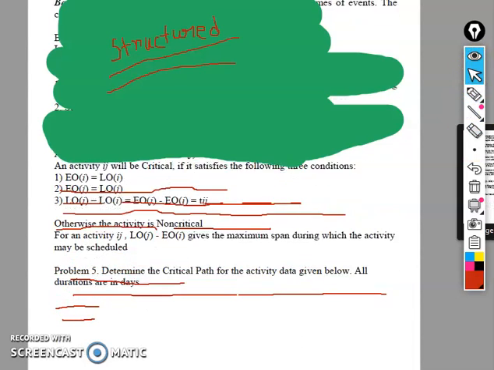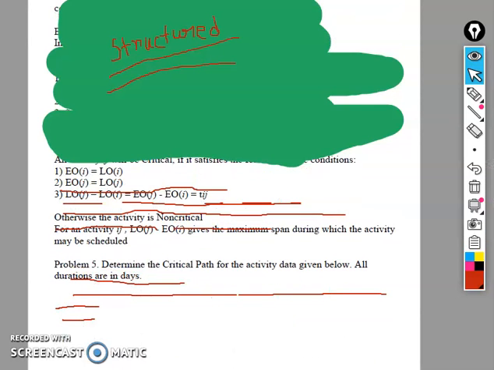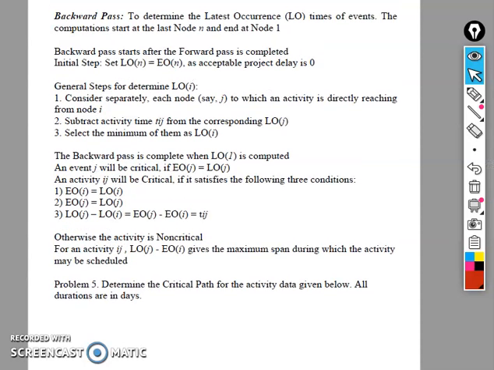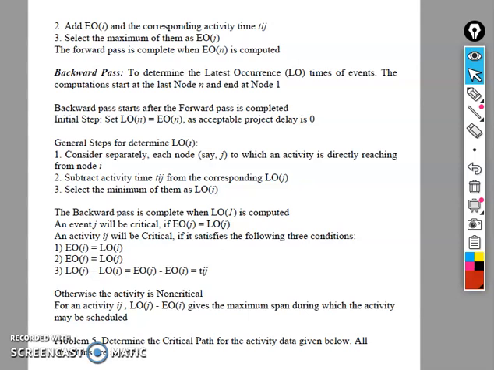The next step is to add the earliest occurrence EI and the corresponding activity time DIJ, and select the maximum of them as EO of J. Always consider the maximum.